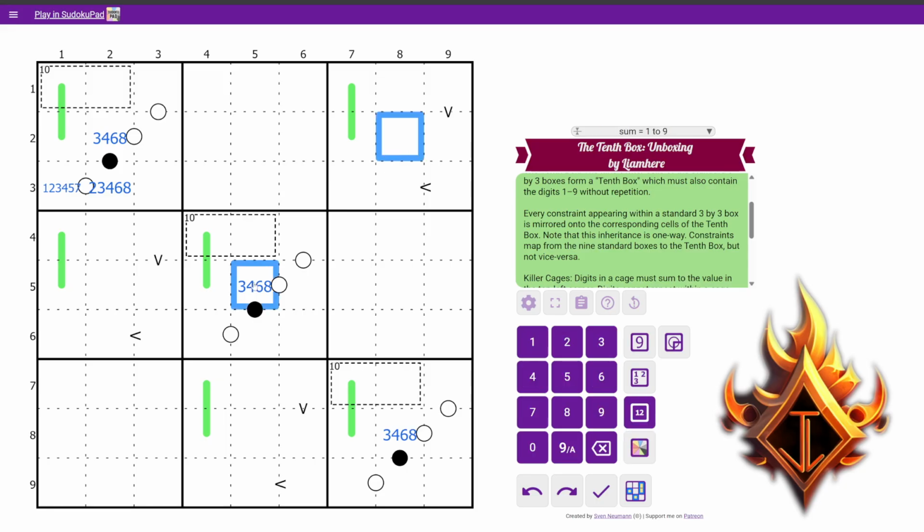So these two cells are going to be either even or odd.